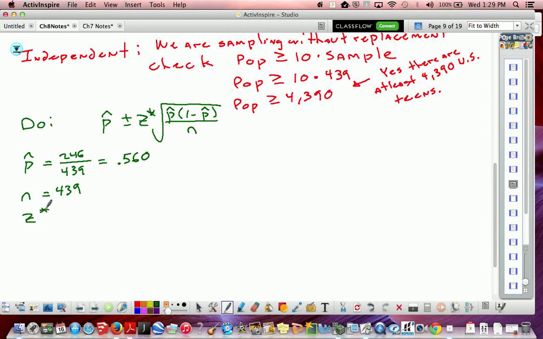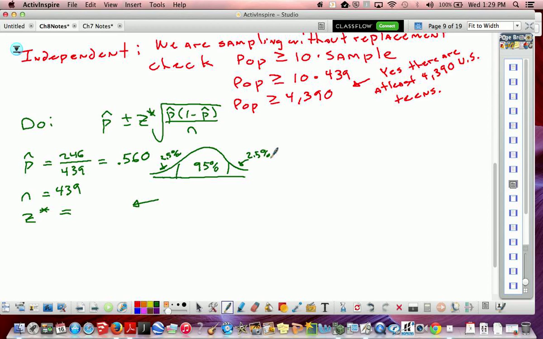Z star. What is z star equal to? Z-score. Yeah, it's a z-score. So what size of interval am I finding? 95. I'm looking at 95, so that leaves 2.5. So I'm just going back to what I was doing yesterday.